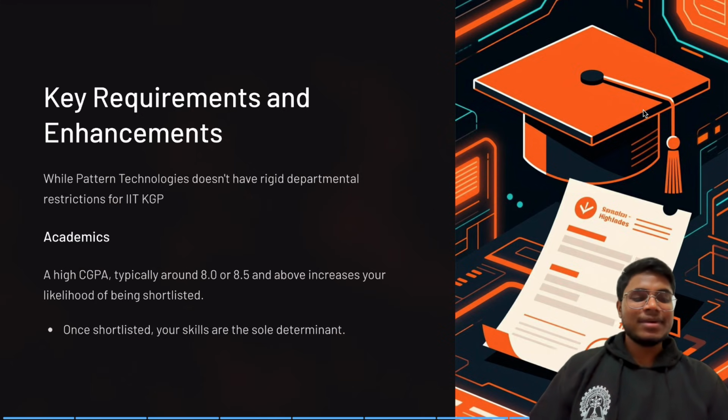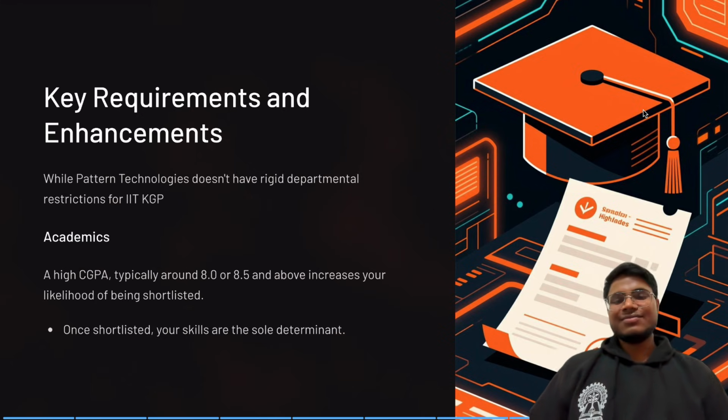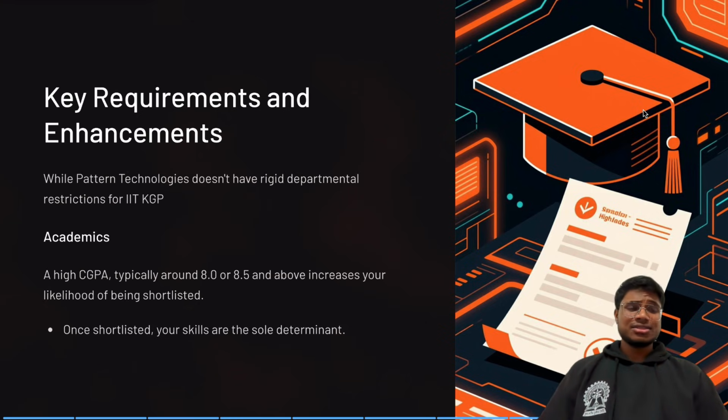But try to keep at least above 8. For Pattern, mostly above 8 and 8.5 is preferred. And once you are shortlisted, your CG doesn't matter there, because in the interview round, the interviewer is just judging you on your skill. The whole shortlisting or filtering is done in the OA round and other selection ways basically. So yeah.